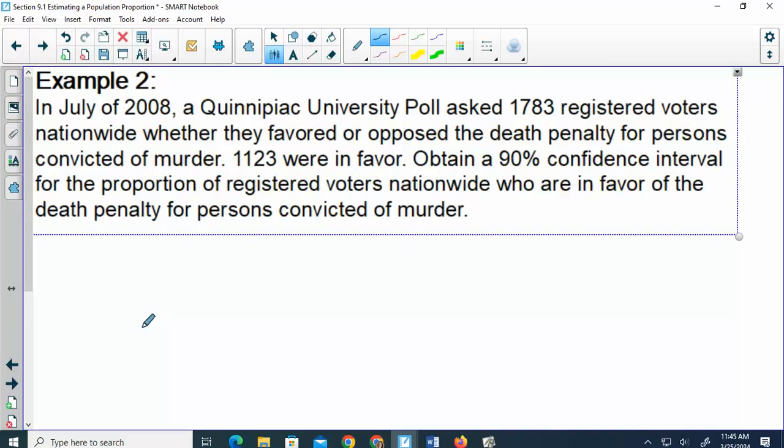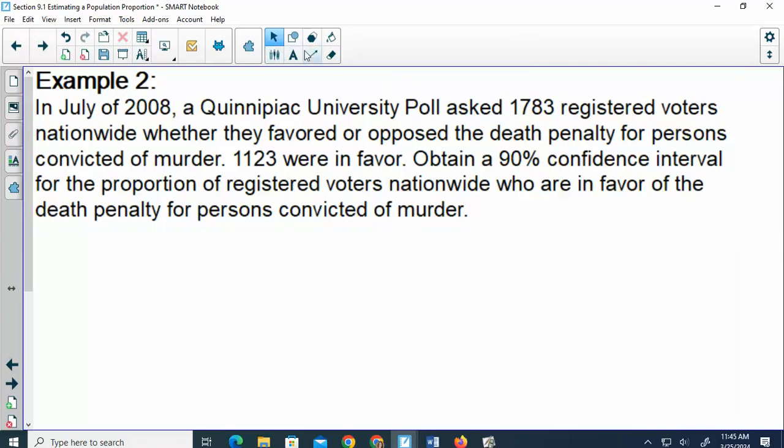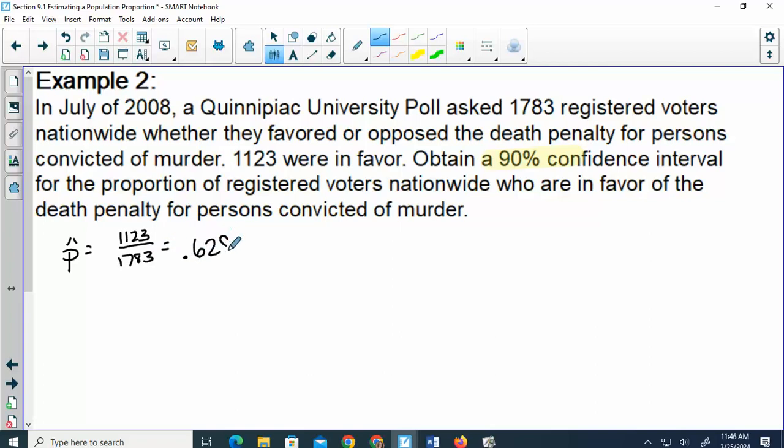So let's actually try one. So going back to our hole that we already found, I want to build a 90% confidence interval. So we already found an example one, the p-hat, turned out to be 0.6289.